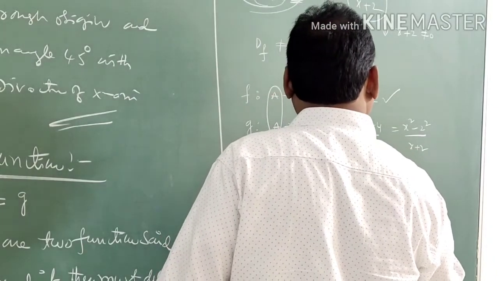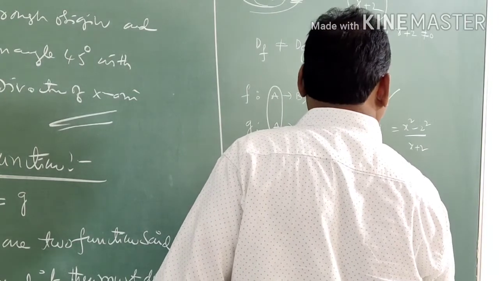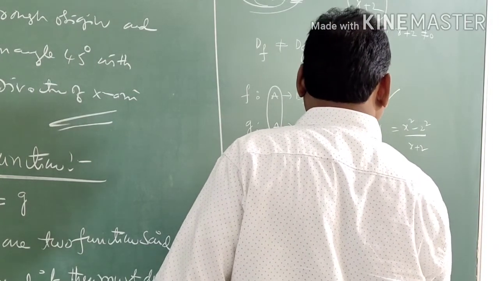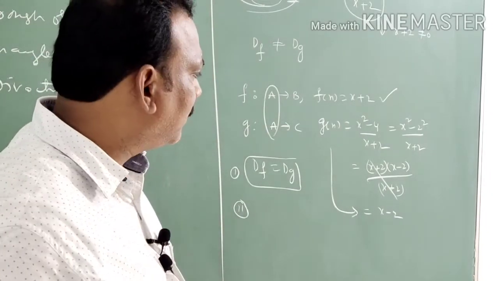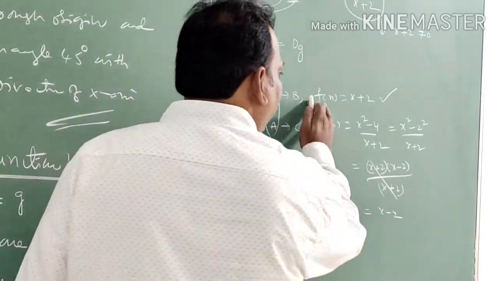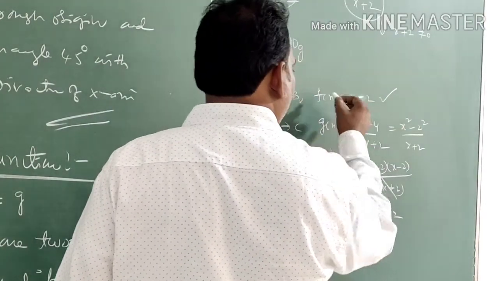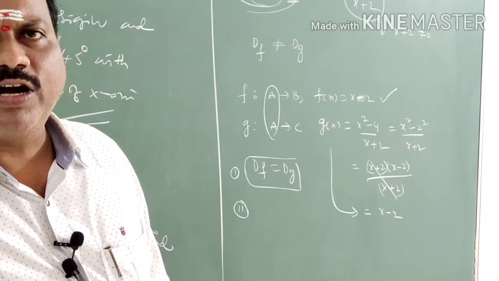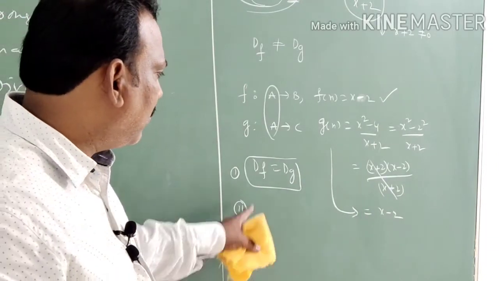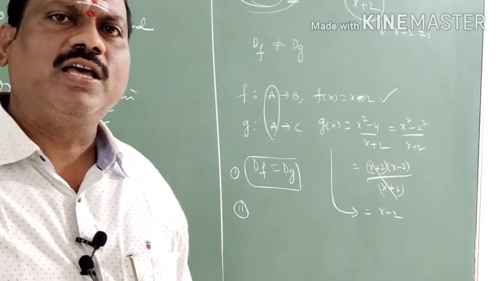I can write x plus 2 into x minus 2 upon x plus 2. x plus 2 and x plus 2 get cancelled. We will get g of x is x minus 2. Is it clear, students? So f of x is also x minus 2. In that case only f of x and g of x are both equal. Then we can define the function in that range also. So now f of x and g of x are both equal functions.